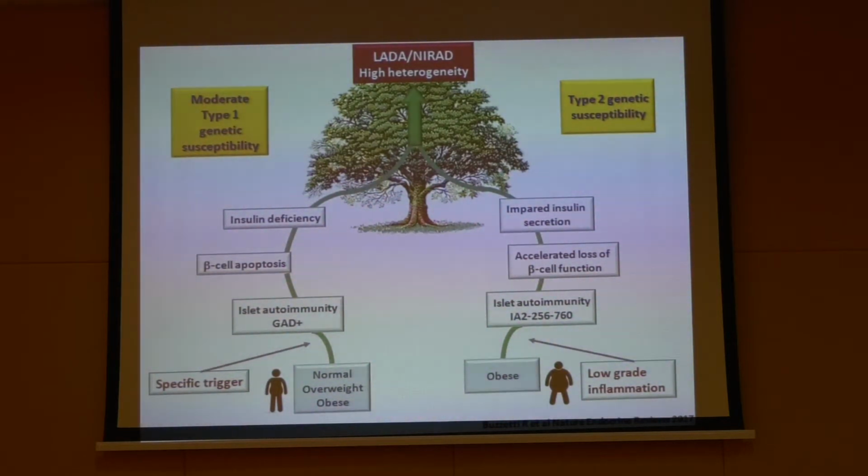These antibodies are typically associated with obesity, that is an IA2 tyrosine phosphatase antibody with the 256-760 sequence, accelerated loss of beta cell function, and impaired insulin secretion. This is where, when Raf mentioned inflammation, it is definitely a characteristic of patients with type 2 genetic susceptibility and a modest inflammation that is driven by the presence of autoimmunity.